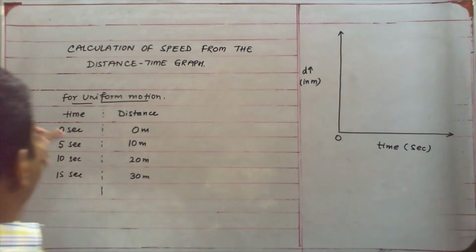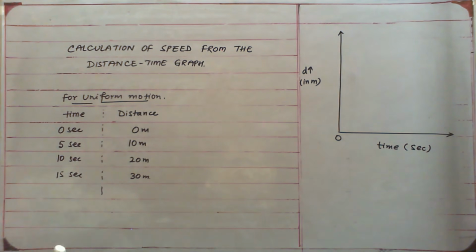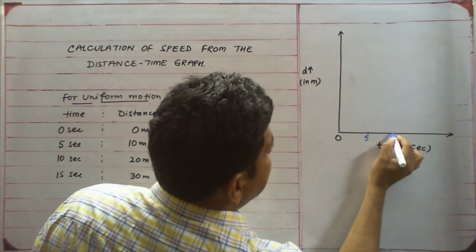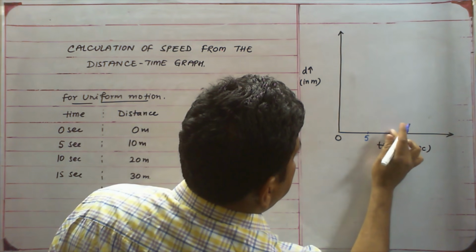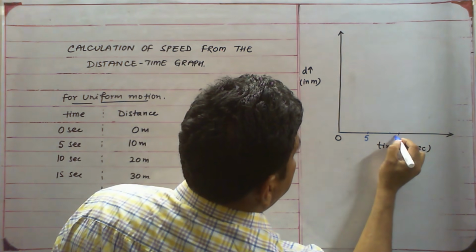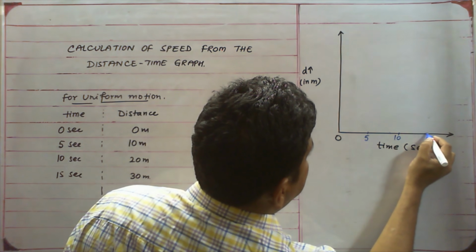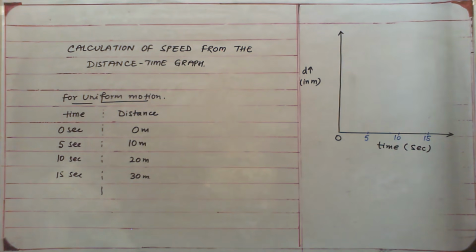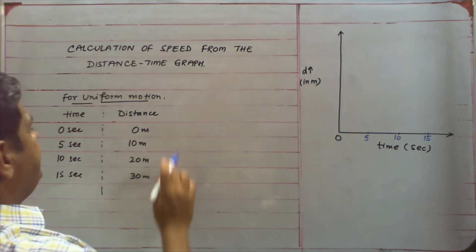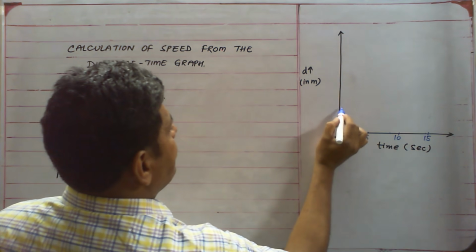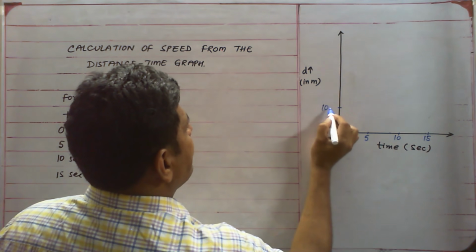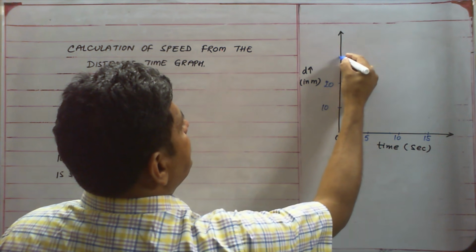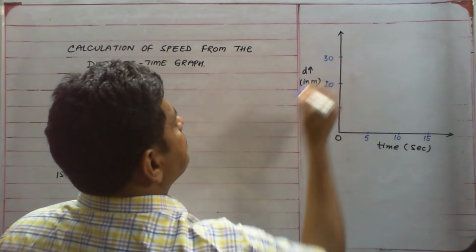The time gap is 0, 5, 10, 15, so we have 5 seconds, 10 seconds, 15 seconds here on the x-axis, and we have the distance 0, then 10 meters, 20 meter, 30 meter.